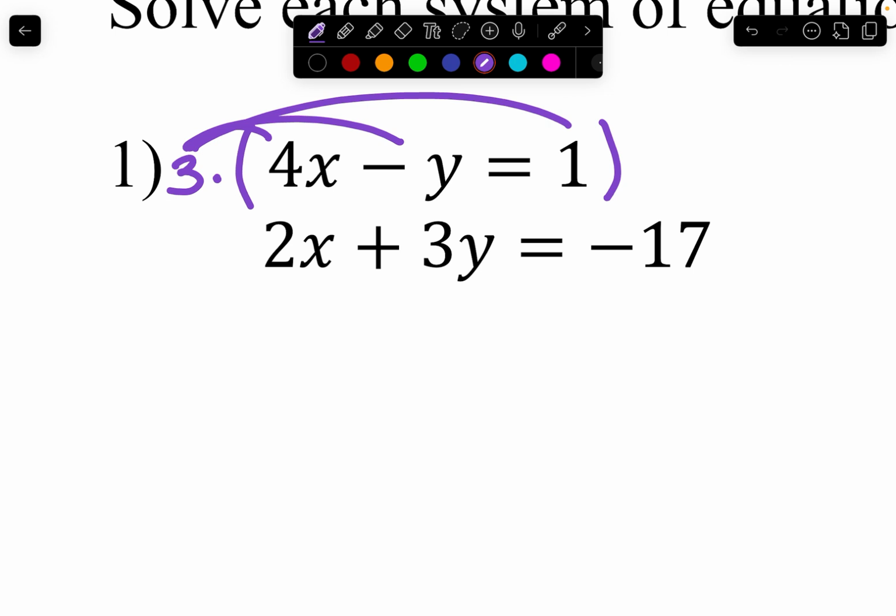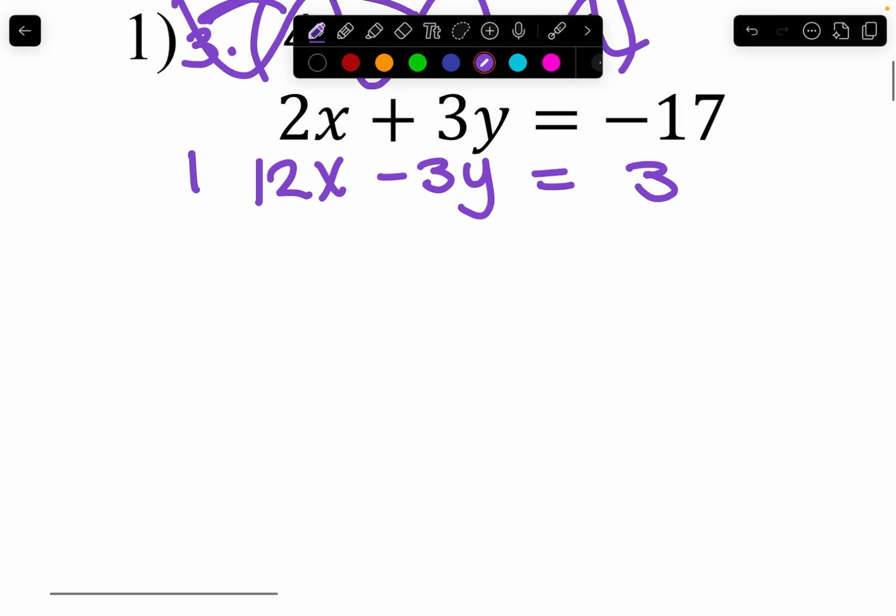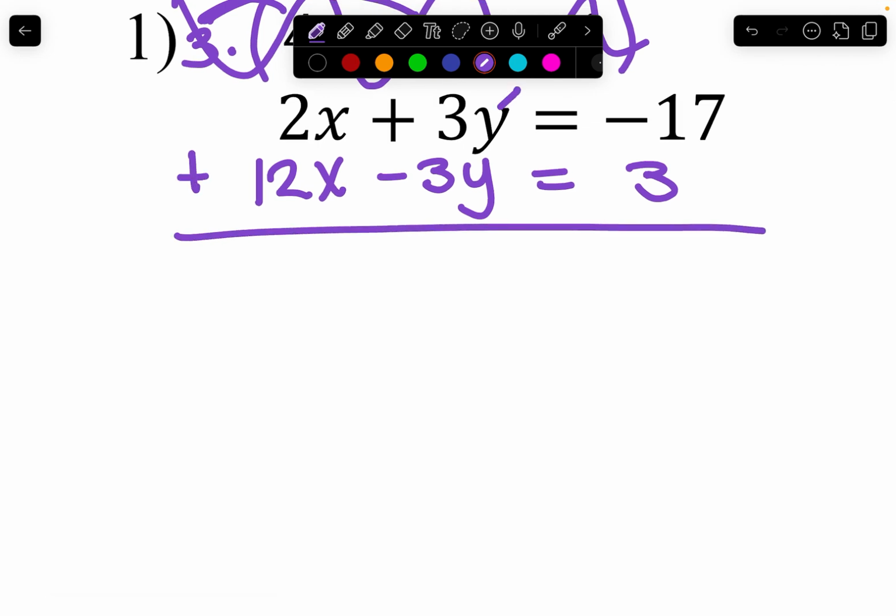So when I multiply that first equation by 3, I'm going to end up with a 12x minus 3y equals 3. And then I can just gently scribble that out. And that is going to allow me to eliminate my y values. And now I have x values that I can combine, and then I have just numbers that I can combine.